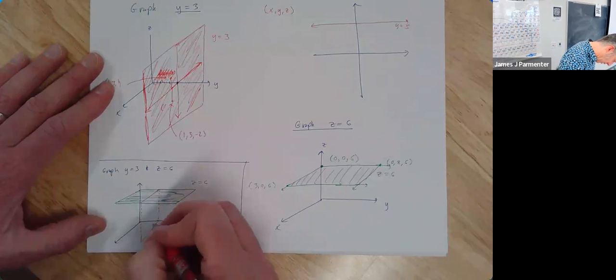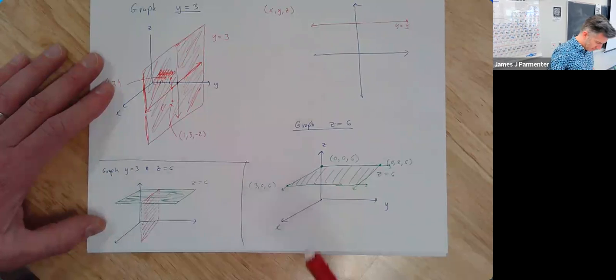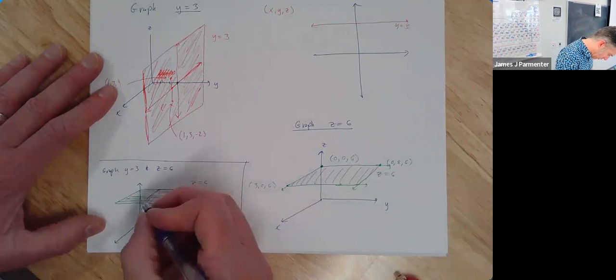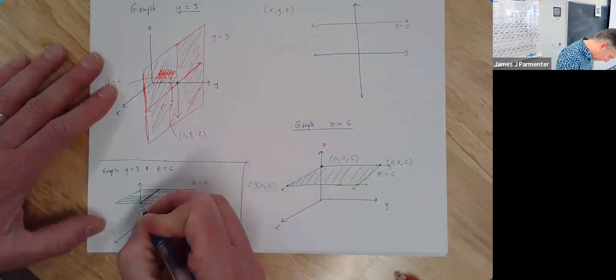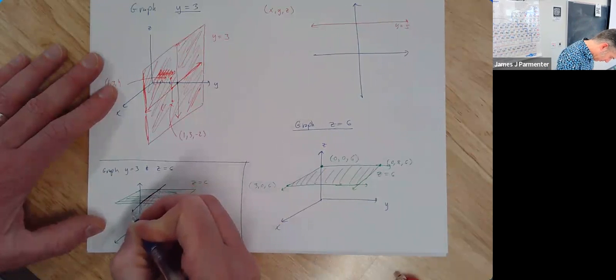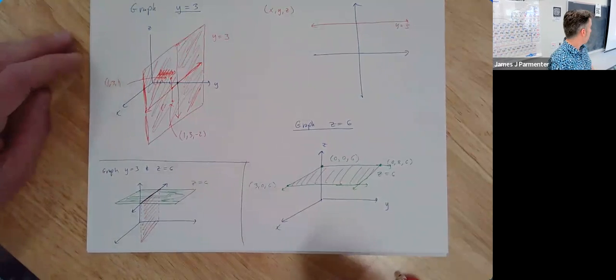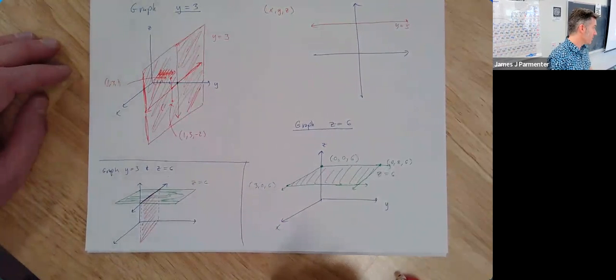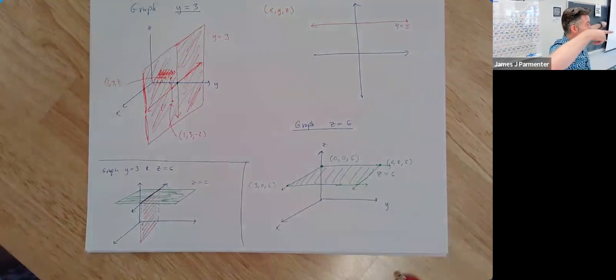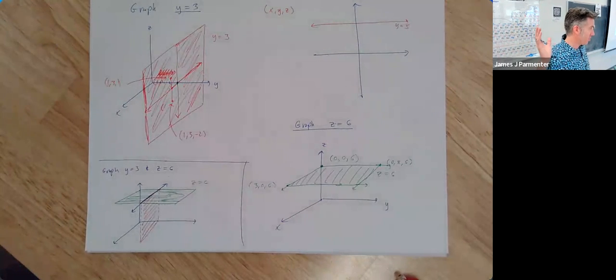And here's my y equals 3 plane. And then this line where they cut each other, that line is where both y equals 3 and z equals 6. And x can be anything, which is why that line is moving backwards and forwards in the x direction. That's the only direction we have freedom in.